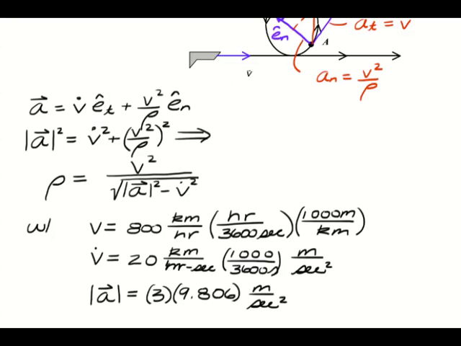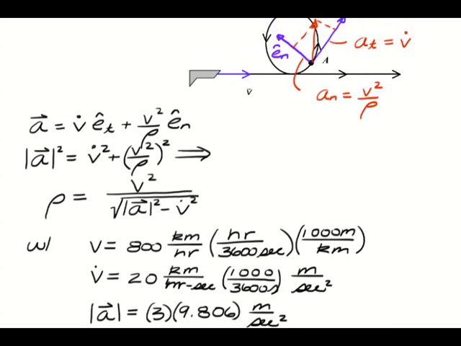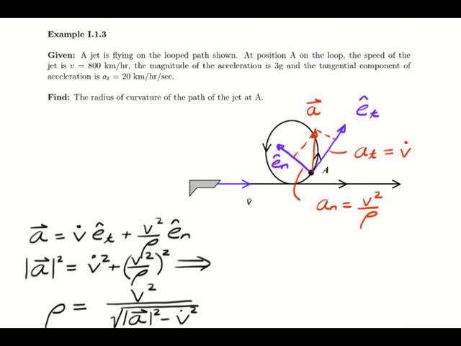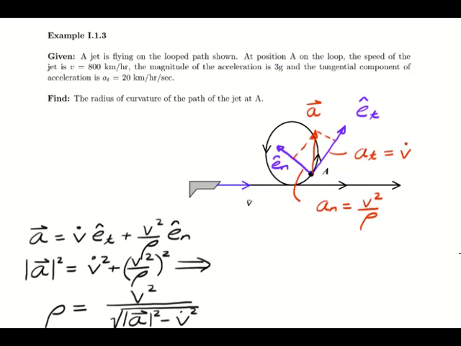So that's it. The key part of this question was recognizing what we know and what we're asked to find. All of those are given to us in terms of path. Let's take advantage of what we do know, and that is the magnitude of A. Got that there on the left-hand side. We know the rate of change of speed, v dot.